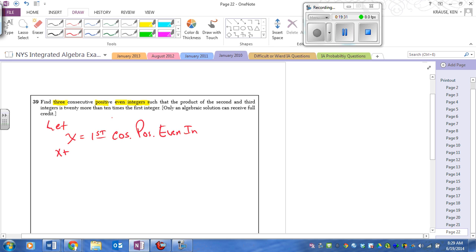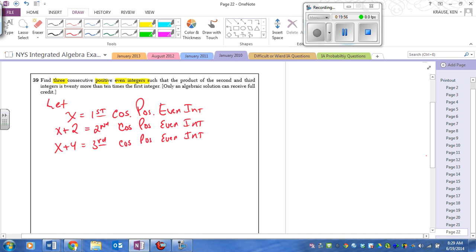Now all evens are 2 apart, so be careful of that. x plus 2 is the second consecutive positive even integer. And there's 3 of them, so x plus 4 is the third consecutive positive even integer.